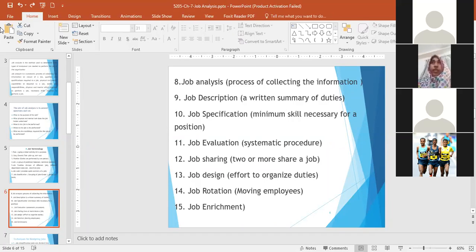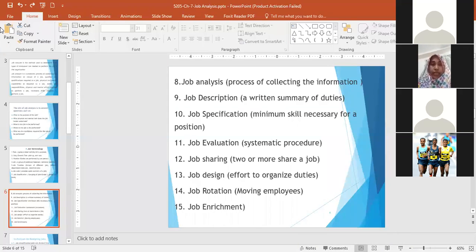So this one is the job specification. This one is related to skill or your academic performance.